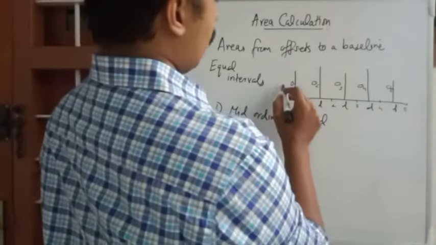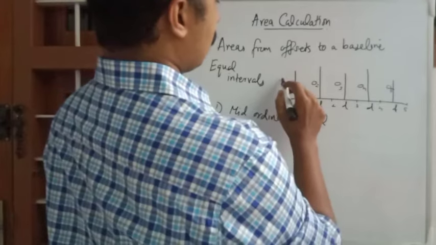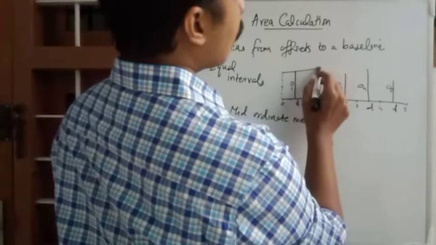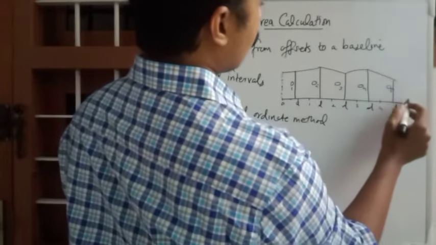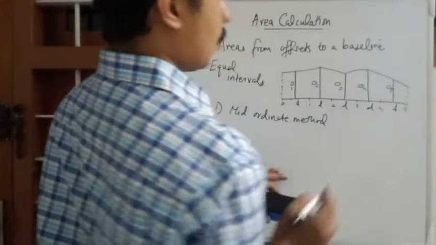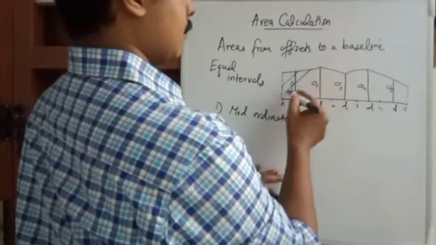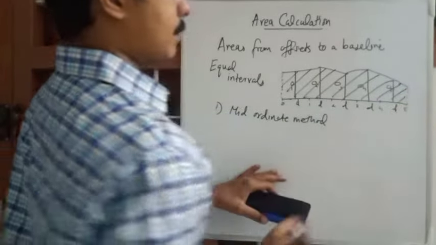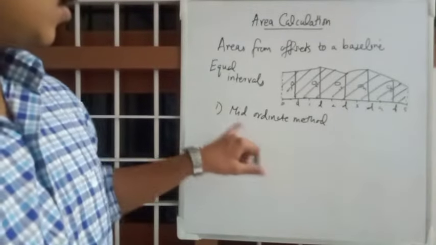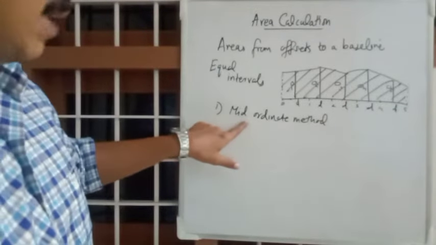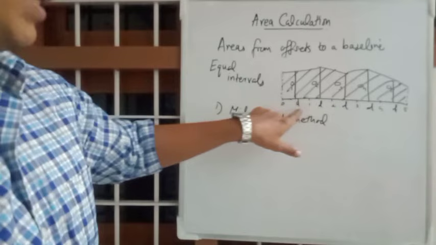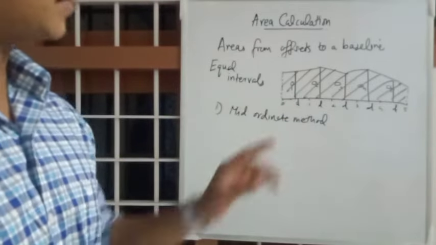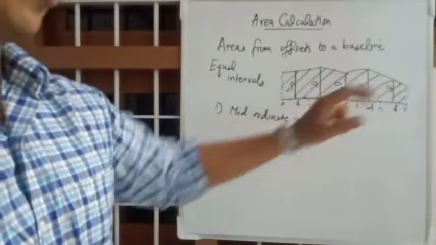Now you have to find this area. In the mid-ordinate method, as the name indicates, the ordinate will be at the midpoint of each division: O1, O2, O3, O4, O5.